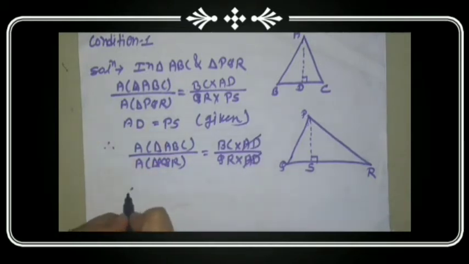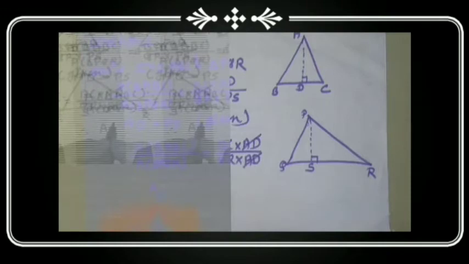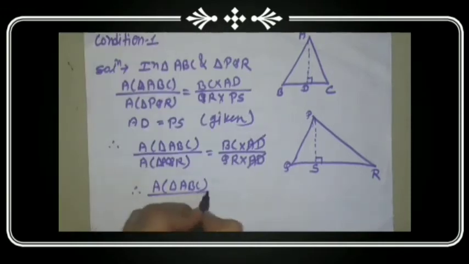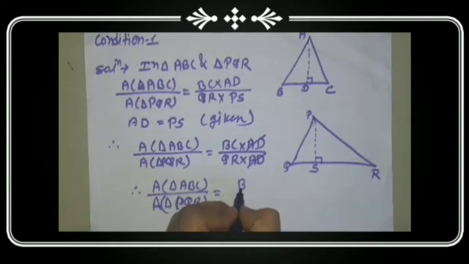AD cancel. Therefore, area of triangle ABC divided by area of triangle PQR, BC divided by QR.